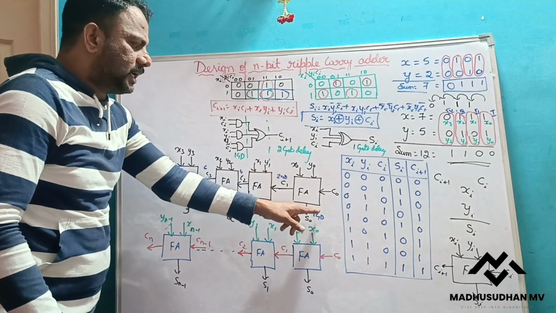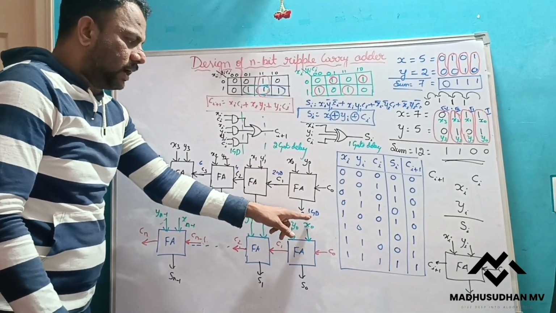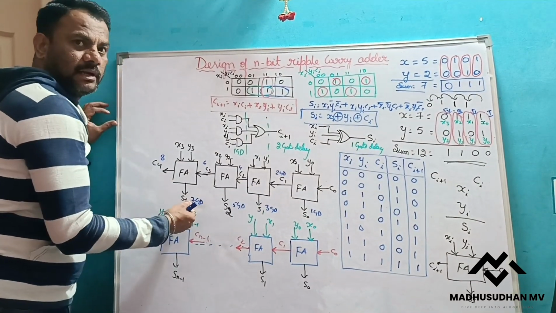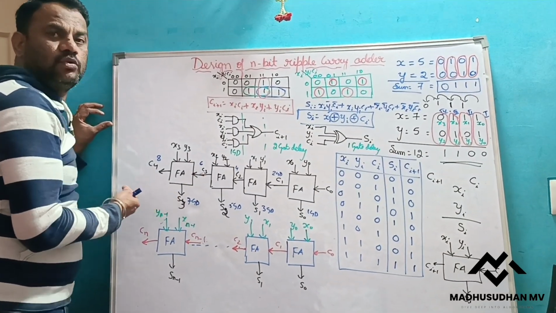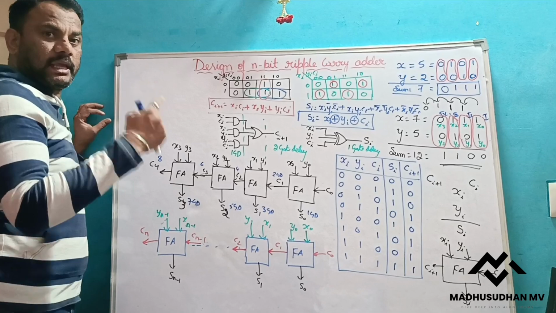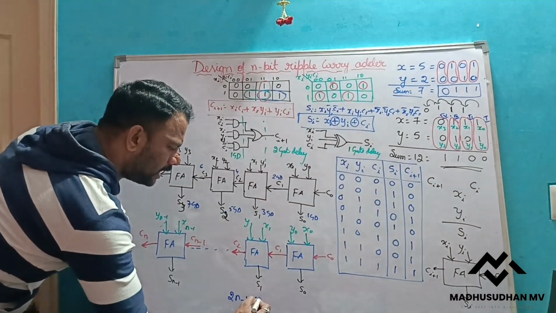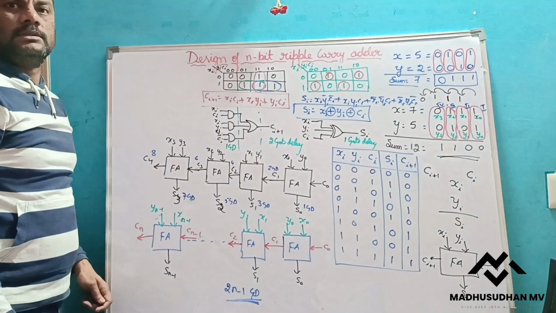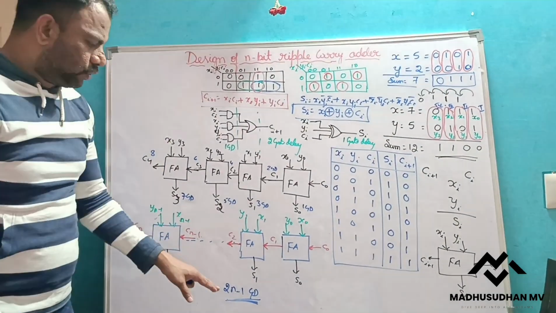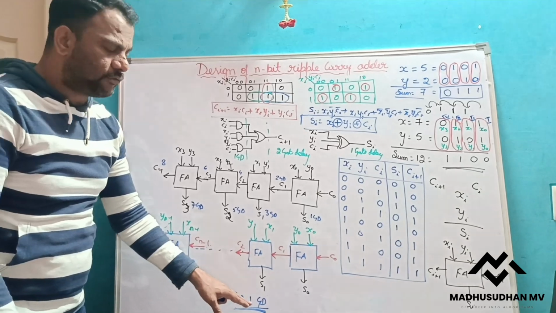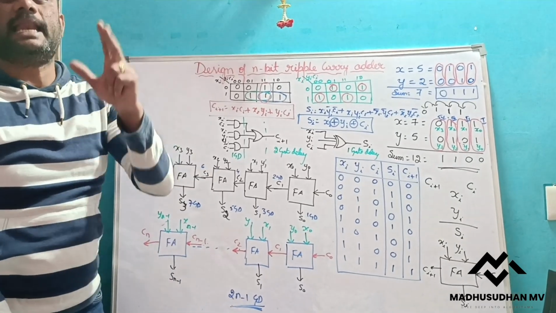See, for the first one the sum bit is 1, the fourth one is 7. 1, 3, 5, 7, like this 9, it goes on. That means for n bit it takes 2n minus 1 gate delays. Suppose you have 32 bit, 2 into 32 is 64, 64 minus 1, 63 gate delay.